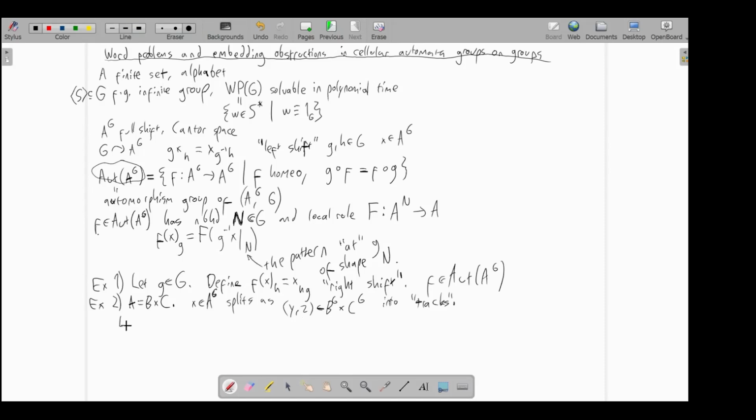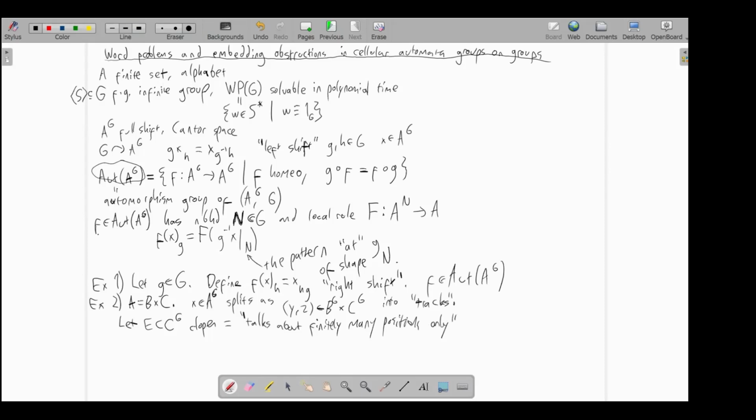Now let's say that E is a clopen subset of C to the G. It means that it talks about finitely many positions only.